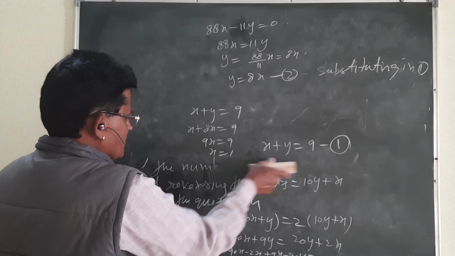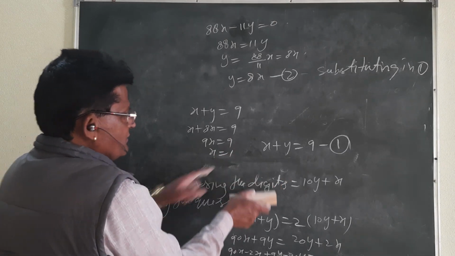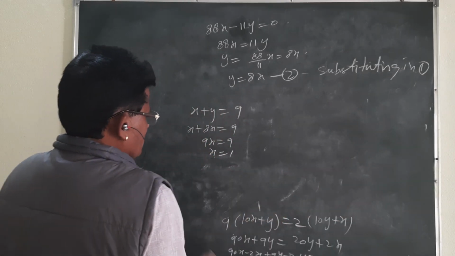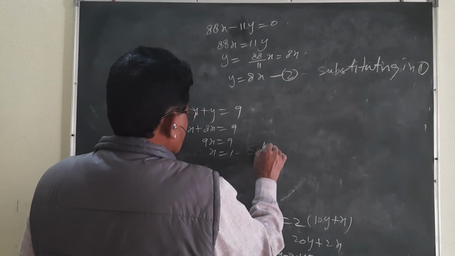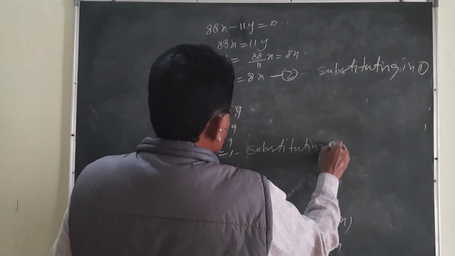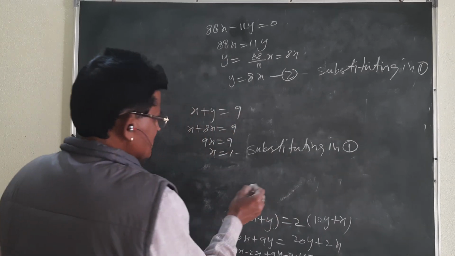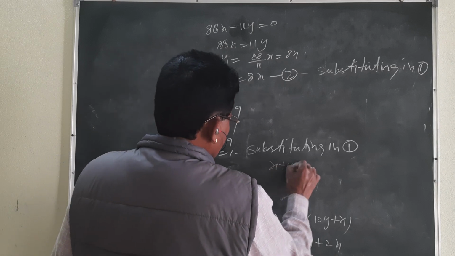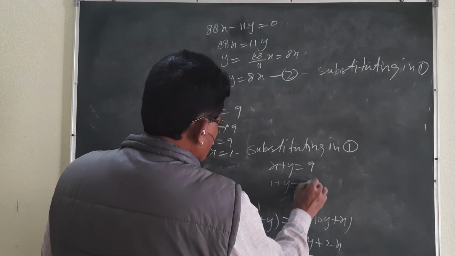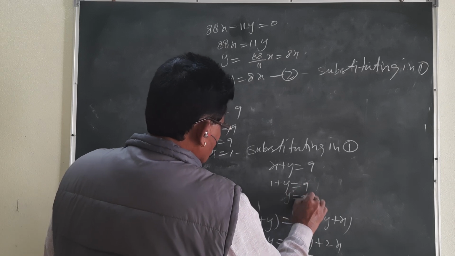This value you substitute in 1; this thing you must keep in mind. Substituting in 1: x plus y will be 9. X is equal to 1, plus y is equal to 9, and y will be equal to 9 minus 1, that is 8.